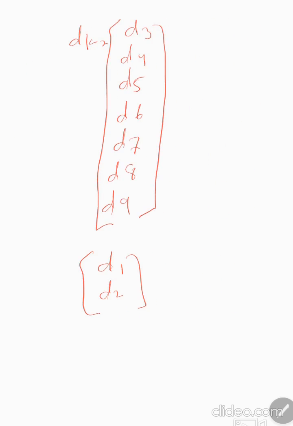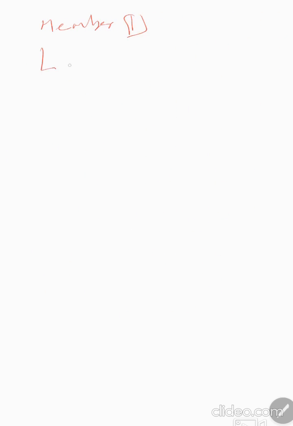So it's easy to calculate the length. Length equals the square root of delta x square plus delta y square plus delta z square.